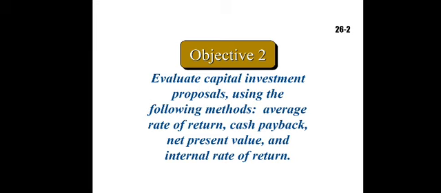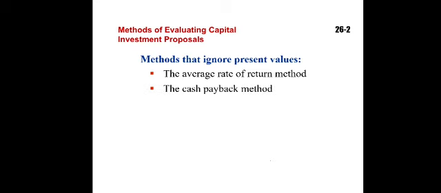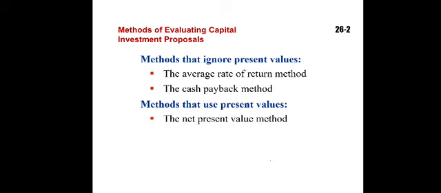Okay, so this now, I have told you earlier, capital budgeting means the process that a manager do when the manager want to purchase a fixed asset like equipment or plant or building or motor vehicle or etc. So to make a good purchase decision, the manager can use these 4 methods.